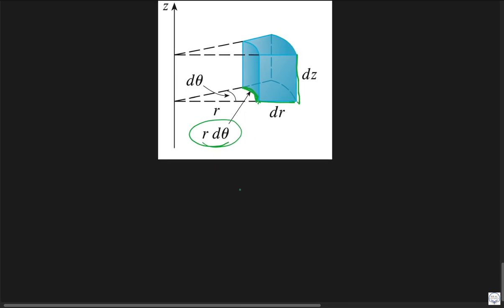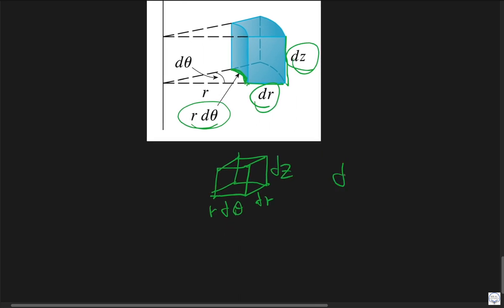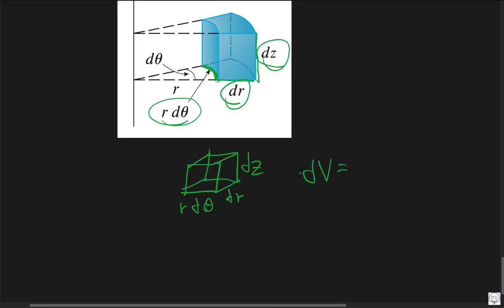Now the limits of calculus allow us to approximate this as nothing but a cuboid with the three sides r d theta, dr and dz, and the volume of this particular cuboid is just the length, width and height.